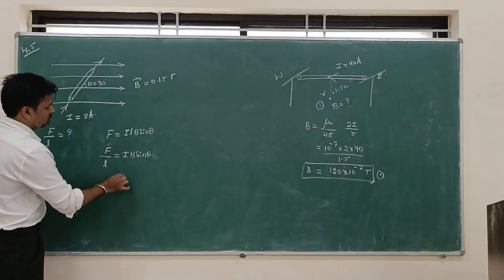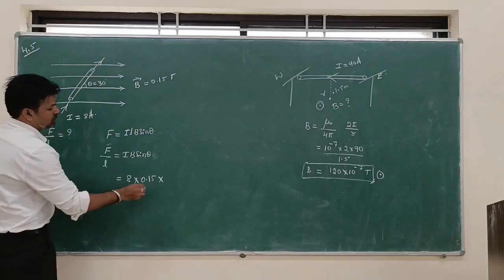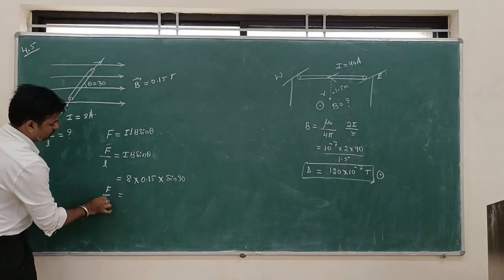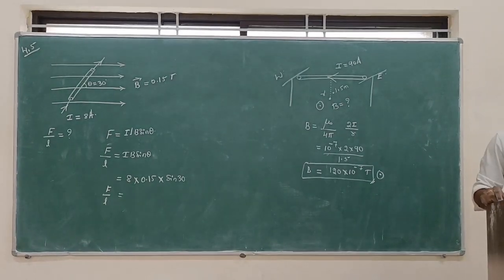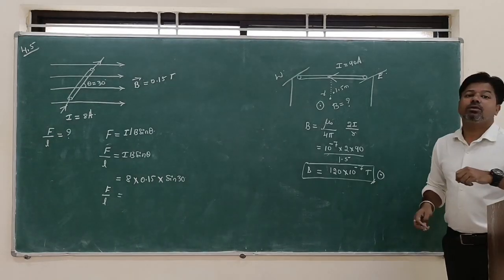The value of I is 8. The value of magnetic field is 0.15 into sin 30. What is the value of sin 30? 1 by 2.